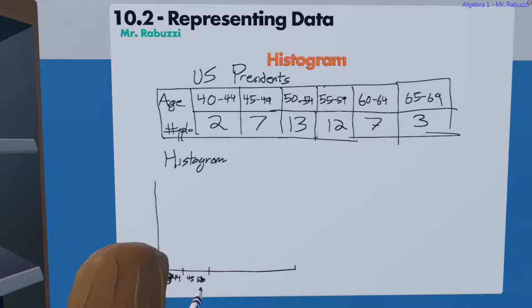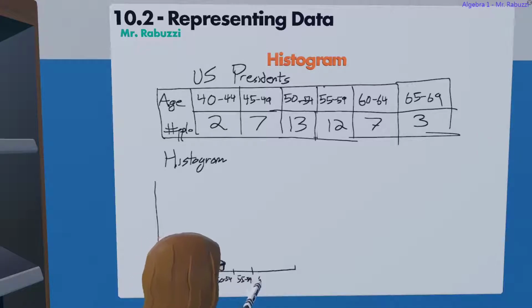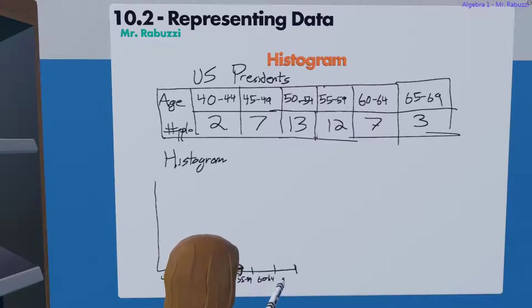Next group is 50 to 54. Next one's 55 to 59. The next one is 60 to 64. And this is getting really small, but on your paper you can make a bigger line when you do a problem like this. 65 to 69.